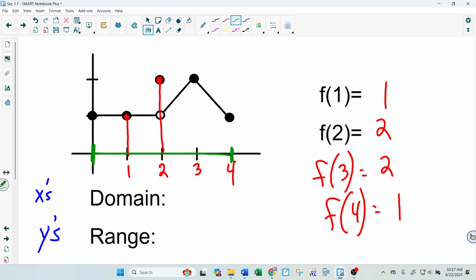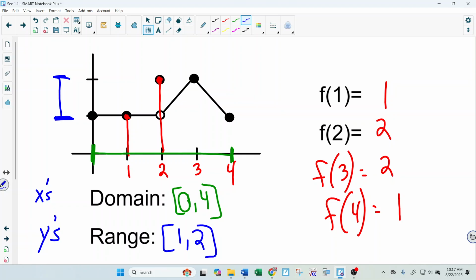So my domain is 0 to 4. If I wanted to look at the range, those are the y's. So it goes from 1 up to 2.